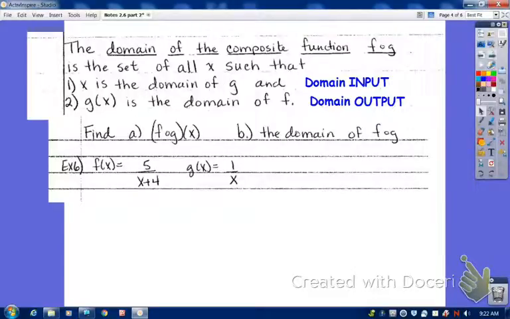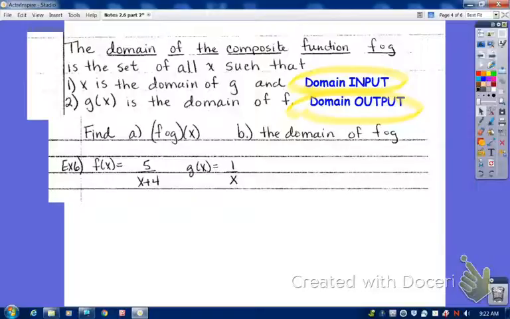Now we're going to go back and talk about domain. When we're finding the domain of a composite function, we have to consider the domain of the input and we have to consider the domain of the output. Did I write domain input, output on yours, or did I just type that on mine? All right, please write that down. It's on the front, I think, maybe part of it.